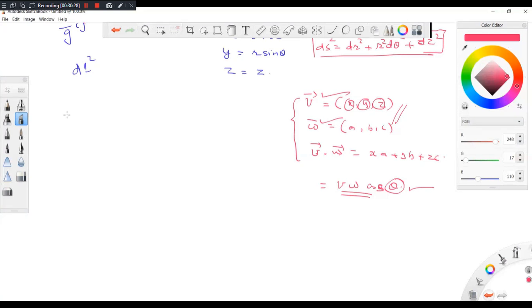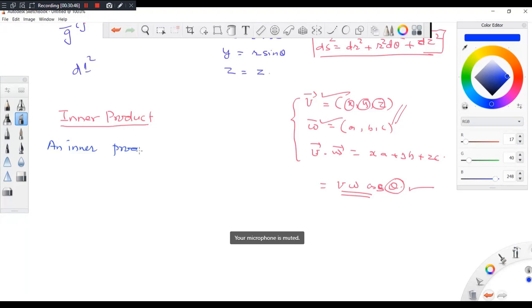How do you define it? Next is inner product. An inner product is a generalization of the dot product in a vector space.